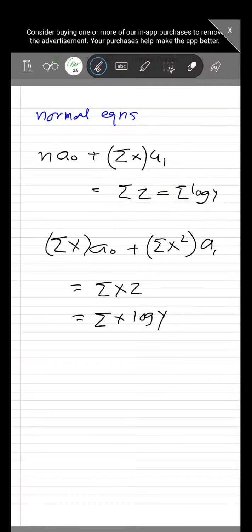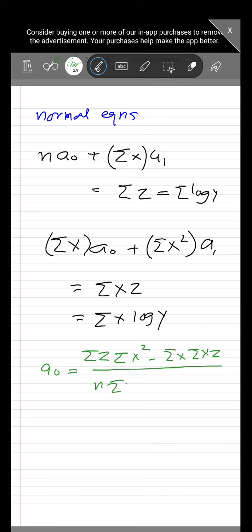You get a0 as equal to summation z into summation x square minus summation x into summation x z, divided by n into summation x square minus summation x whole square.